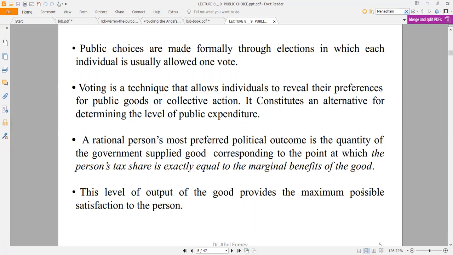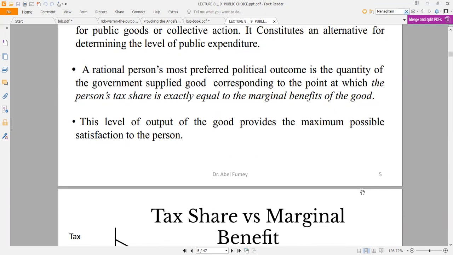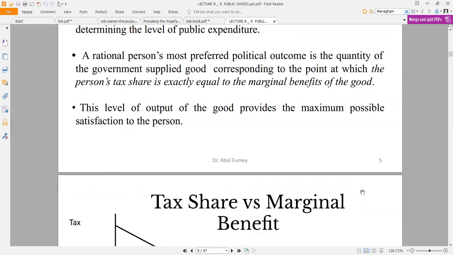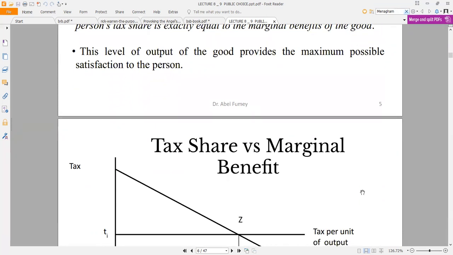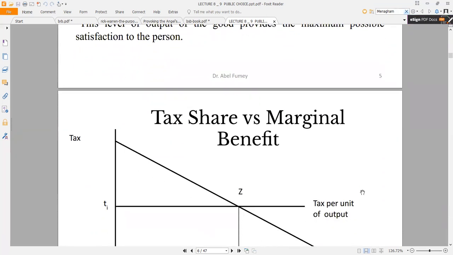So you choose the quantity that in your own mind is going to give you the maximum satisfaction. We all do that.